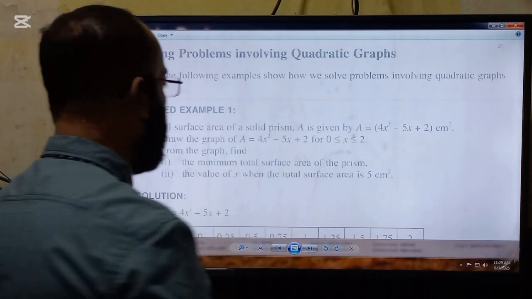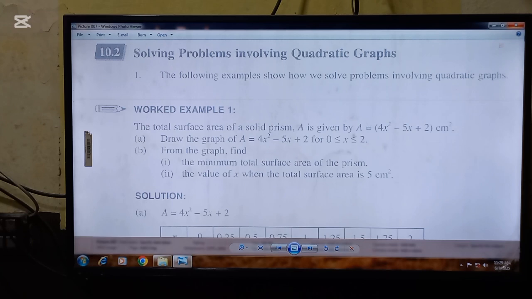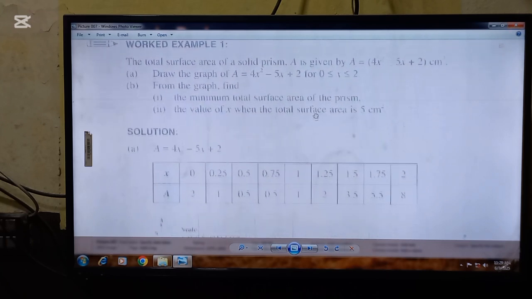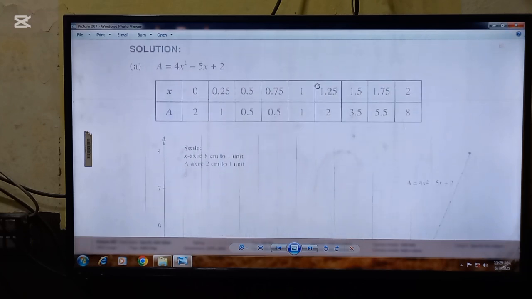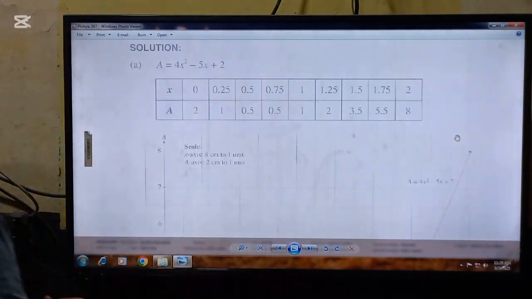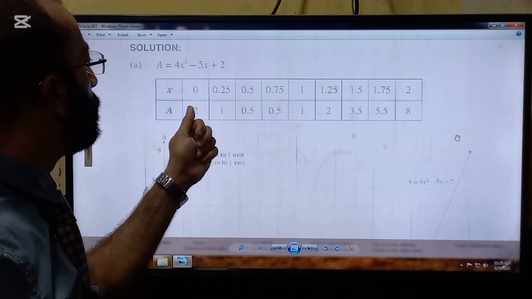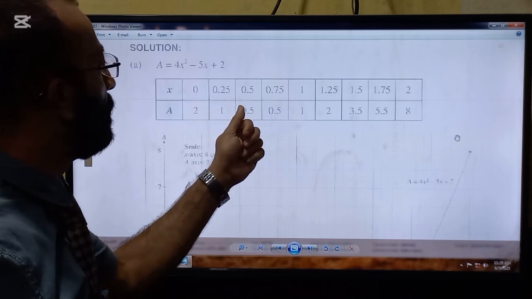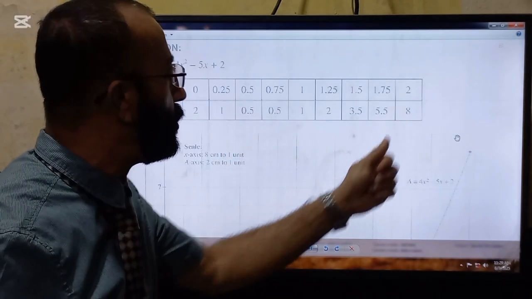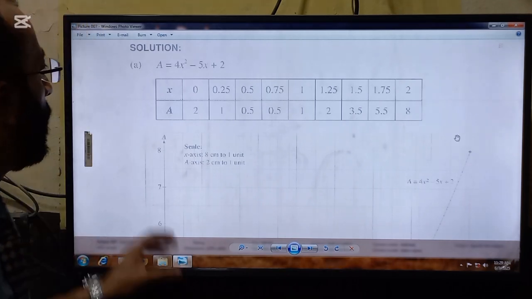So look now, first we will make the table of values for this. So here is the table. Look now, this is the equation. The values which were given were 0 to 2. So we have chosen 0, 0.25, 0.5, 0.75 and up to 2. So this is the first thing.